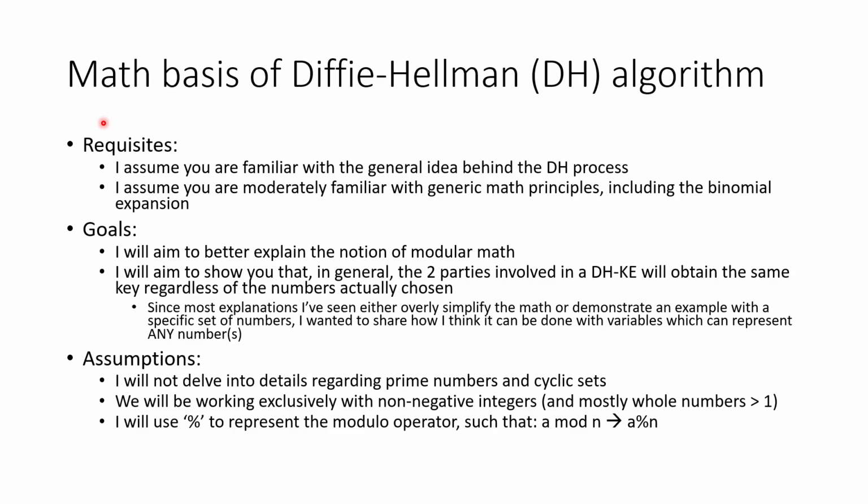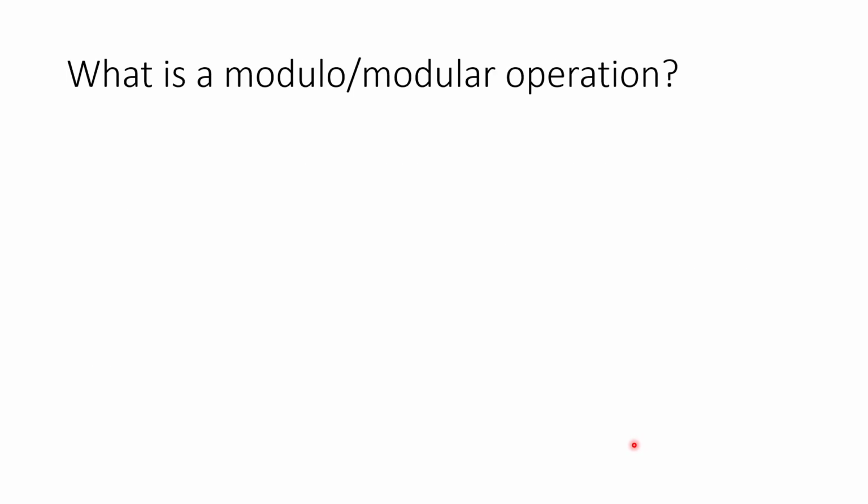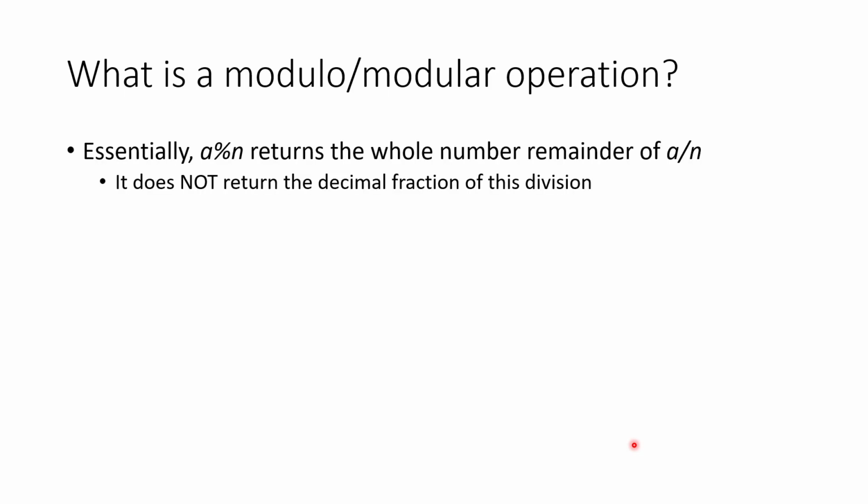And I'm going to use the percent sign as my notation to represent the modulo operator. Some people are familiar with the a mod n terminology, but I'm just going to represent this as a % n. This is actually how I do it on paper as well. I think it's cleaner. So, what is a modulo or modular operation?